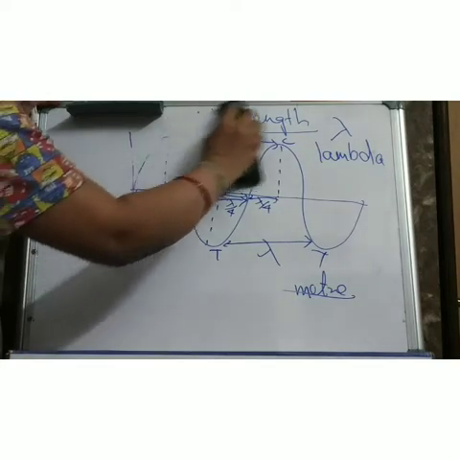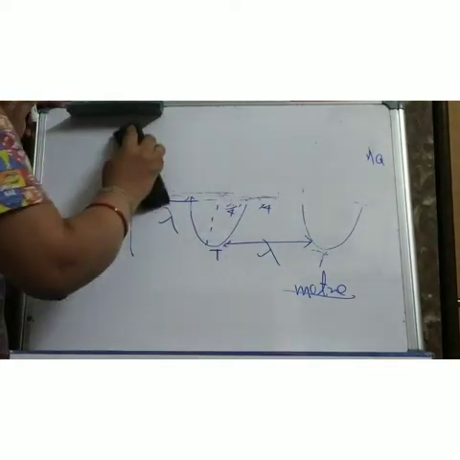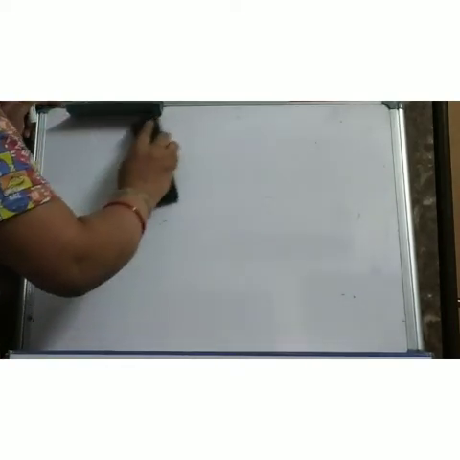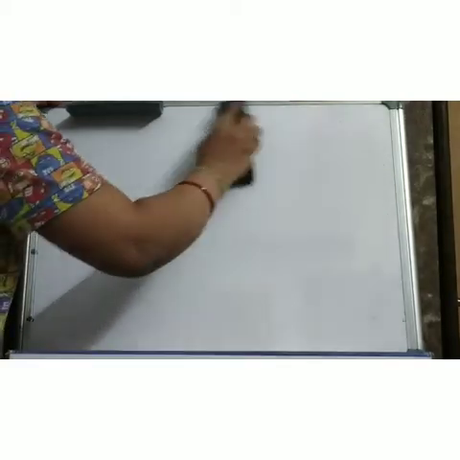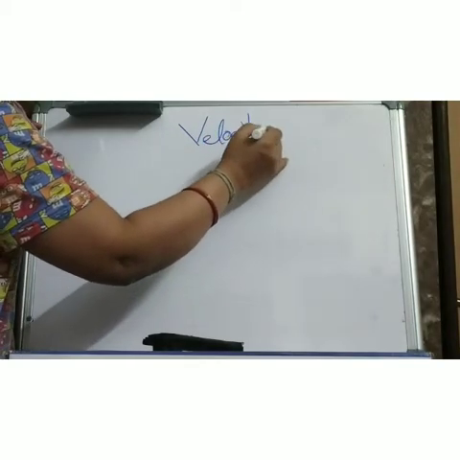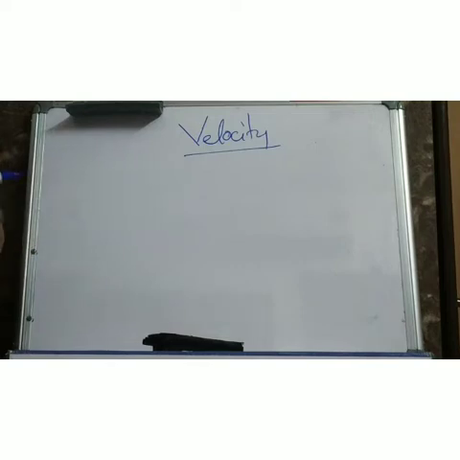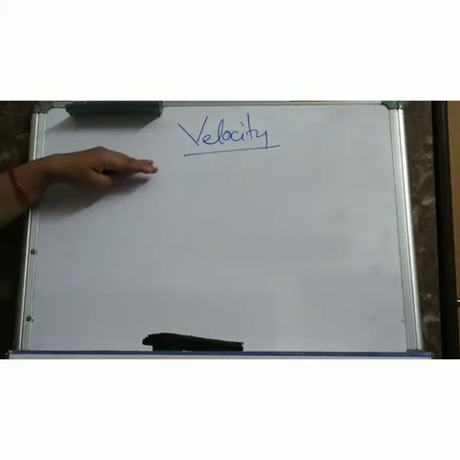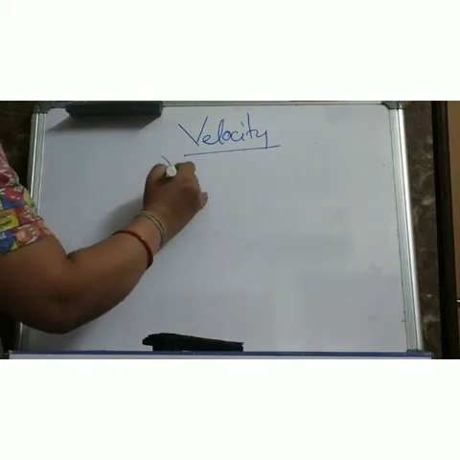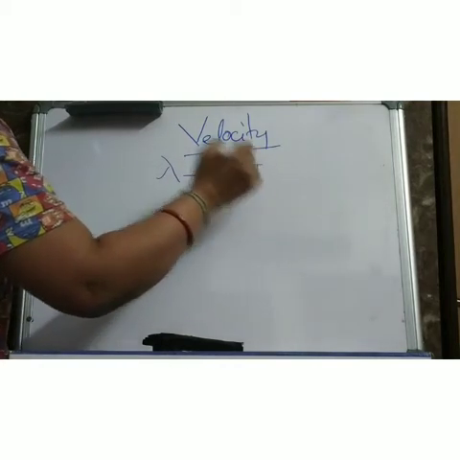Now we'll discuss the velocity of a wave. All of you already know what is velocity. In the motion chapter, you have already studied what is velocity. Velocity is the distance covered by time taken. So let a wave travel a distance lambda in time t.